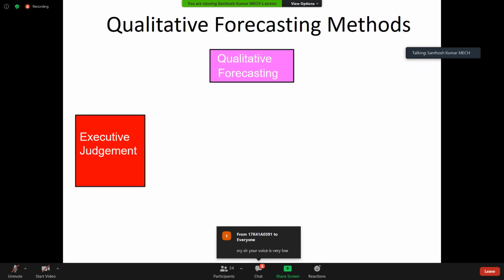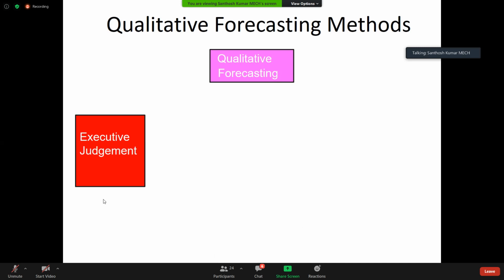So qualitative is like general forecasting. We get the executive members, the hierarchy like the CEO, big experienced people, with their market analysis and whatever happened in the previous data and experience, and they share it as executive judgment.